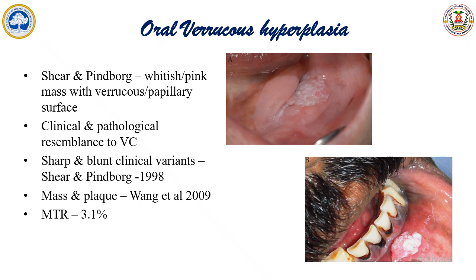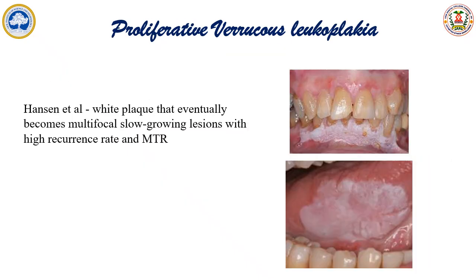So verrucous hyperplasia, clinically, is a whitish mass with a verrucous or papillary surface. Histologically it resembles your verrucous carcinoma, but the difference is that the rete ridges show exophytic growth, whereas the rete pegs are in line with the adjacent normal mucosa in case of oral verrucous hyperplasia.